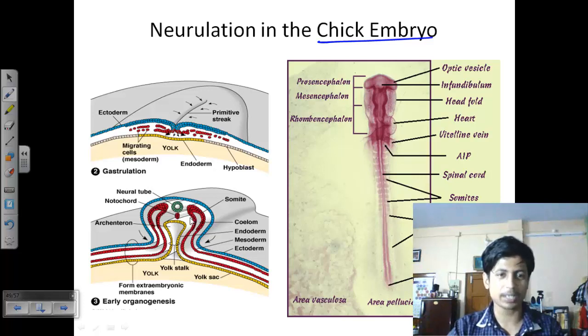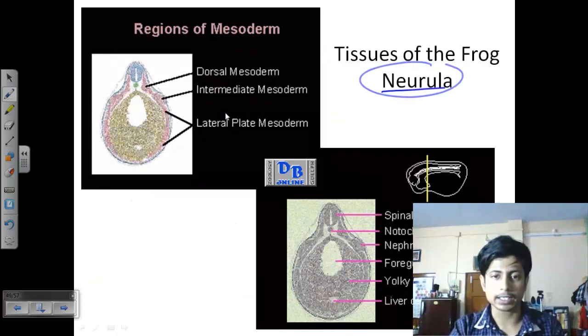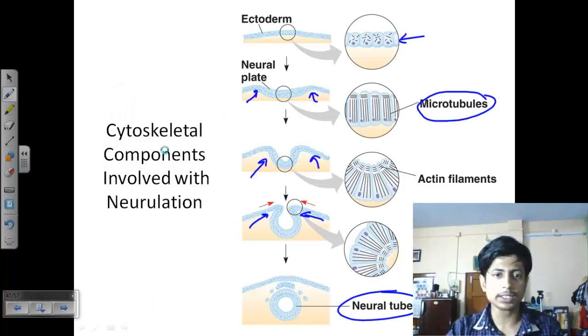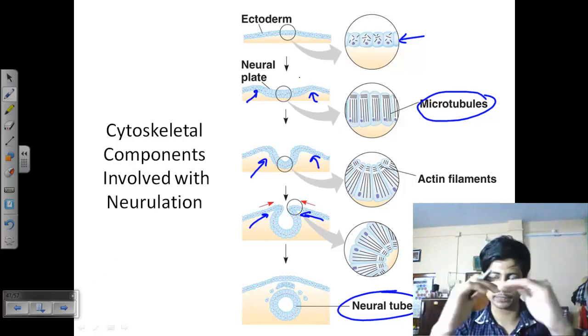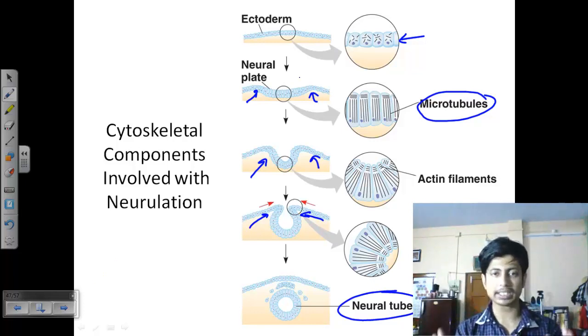While they rise, the formation of the neural tube in case of chick embryo is slightly different, because in case of frog, what we've seen is that the process occurs after the formation of ectoderm, and then the ectoderm slowly starts to rise and fuse. That is the formation of the neural tube, right?